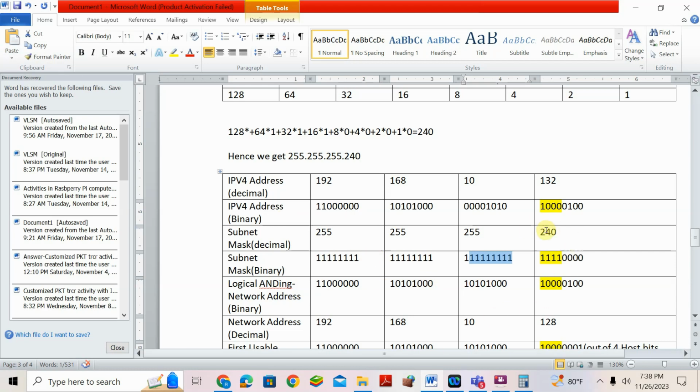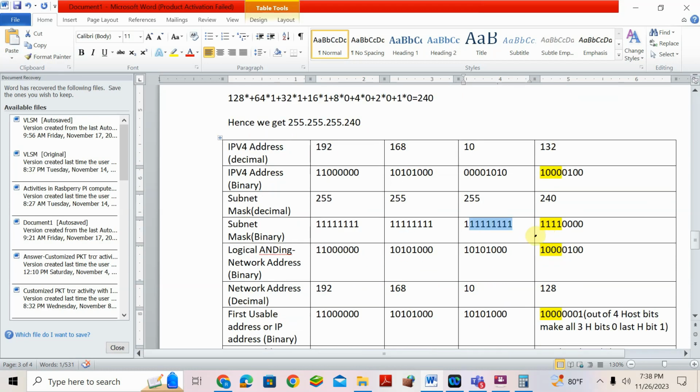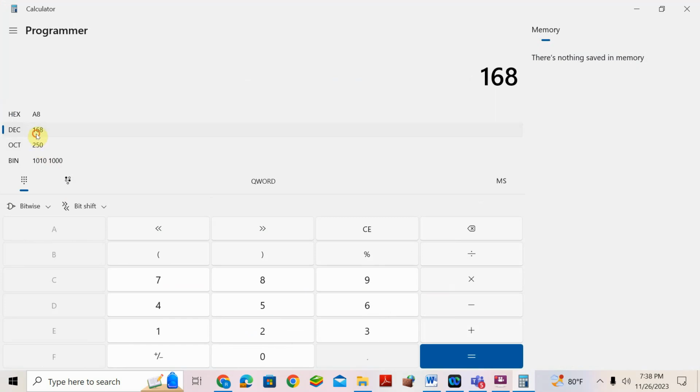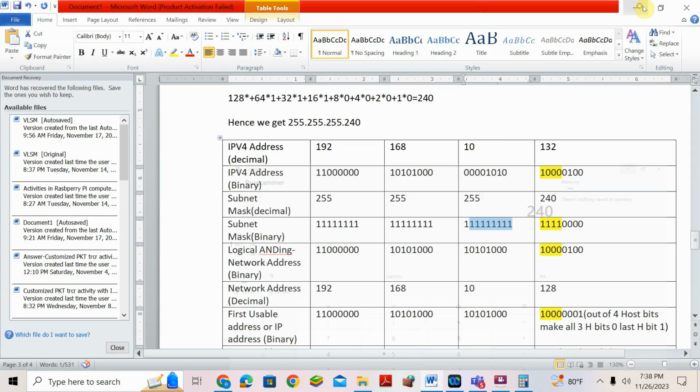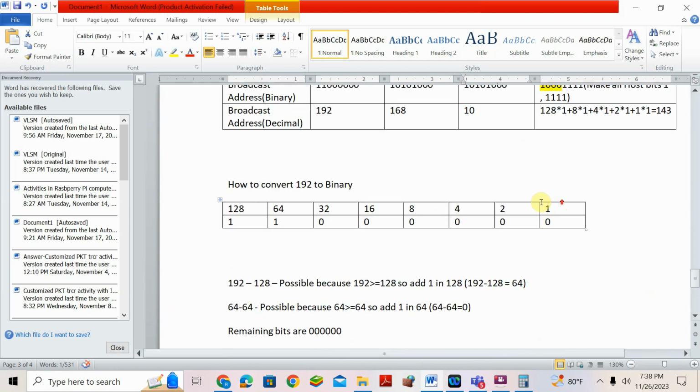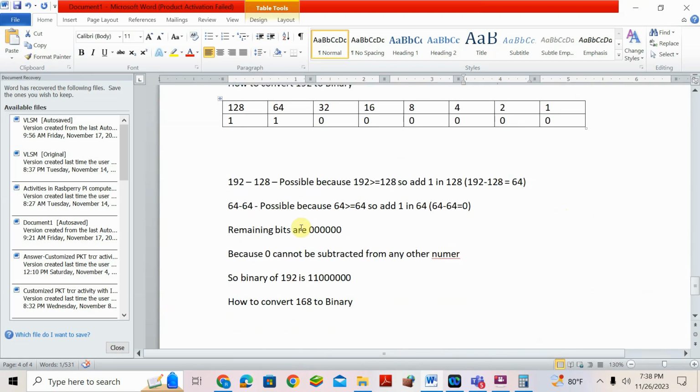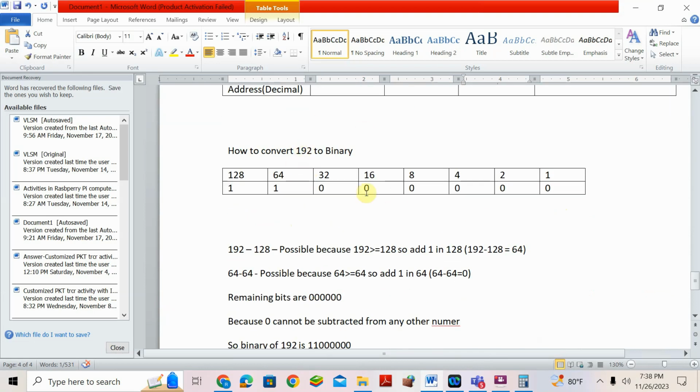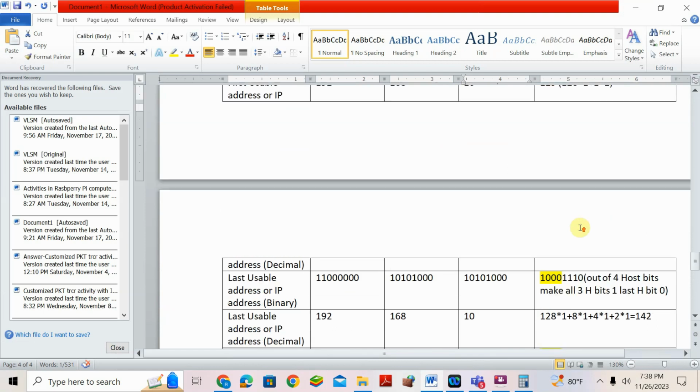You can subtract, or use the calculator: go to decimal, type 240, binary, and you will get 1111 0000. Or you do subtraction like this: 240 minus 128 possible, then 1; for the next remaining number, minus 64 possible, like that you have to find out.